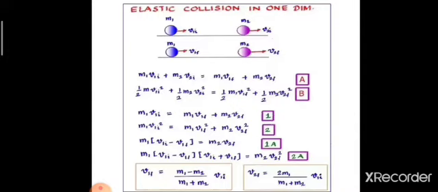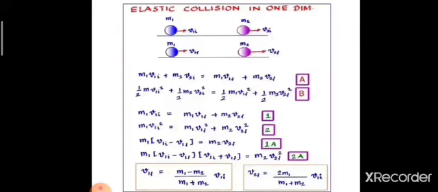a square minus b square can be written as a plus b into a minus b. Hence, the LHS of equation 2 becomes m1 into v1I minus v1f into v1I plus v1f, which is equivalent to m2 into v2f square. Substituting for m2 from equation 1 and rearranging the terms, we will get the final velocities of the two objects after collision.